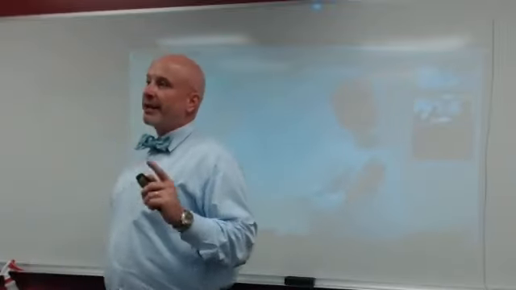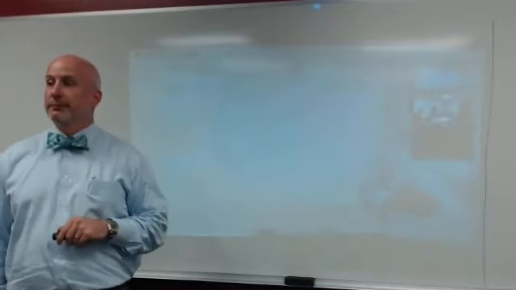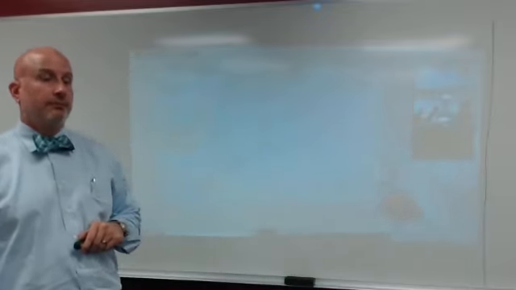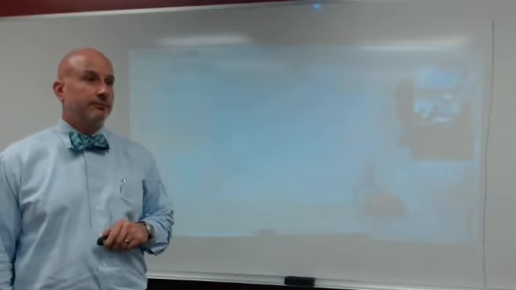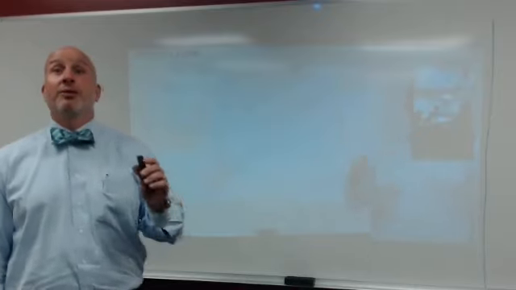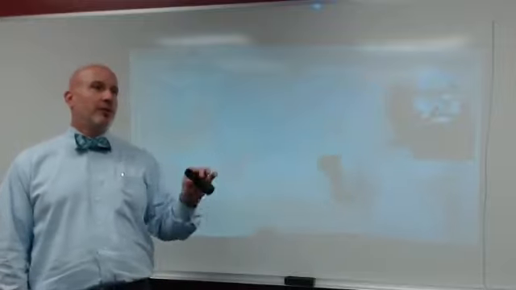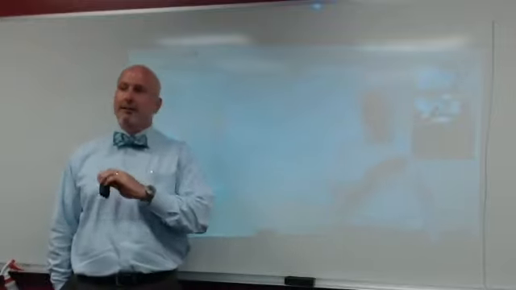What does it mean when I say mutually exclusive? Because I promise you're going to see these terms, mutually exclusive and collectively exhaustive, in every stats class you take and every economics class you take.